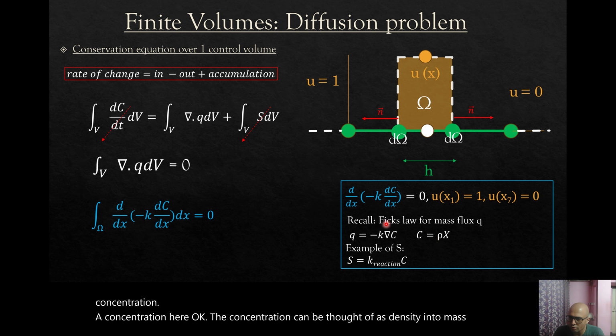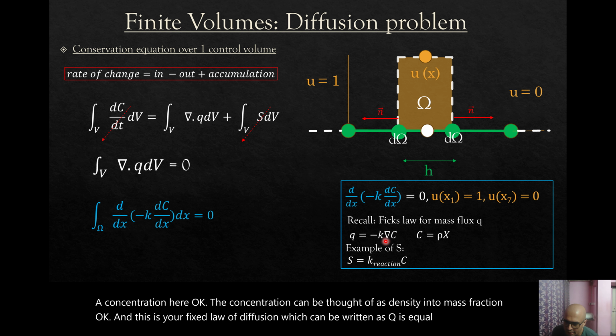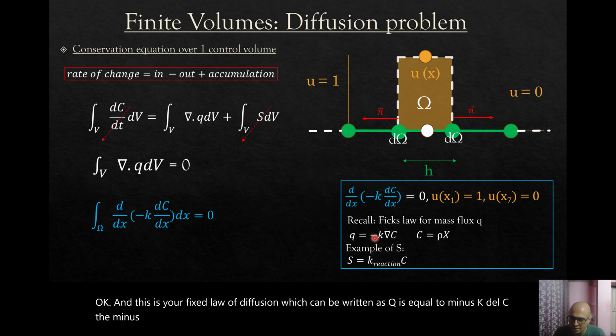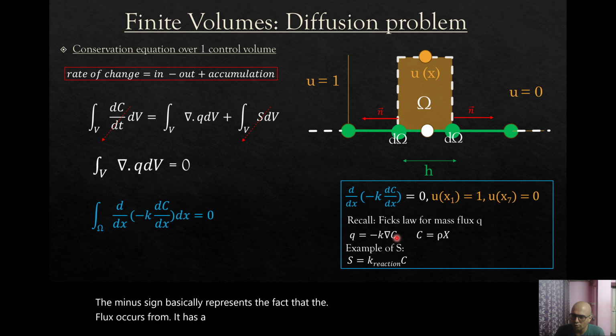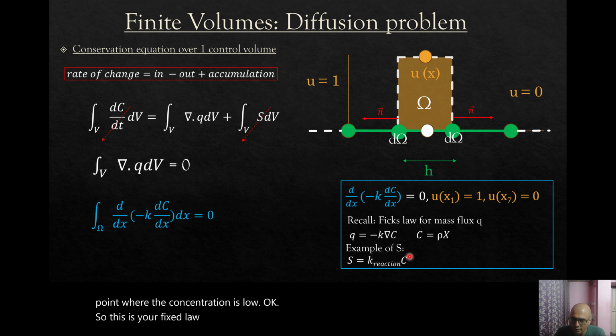This is Fick's law of diffusion, which can be written as q equal to minus K del C. The minus sign represents the fact that the flux has a direction, and it occurs from where the concentration is high to where the concentration is low. So this is Fick's law of diffusion, and this is your diffusion equation.